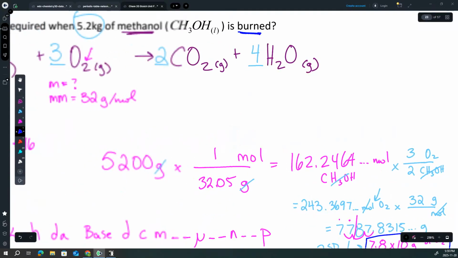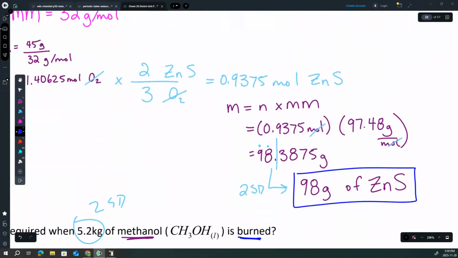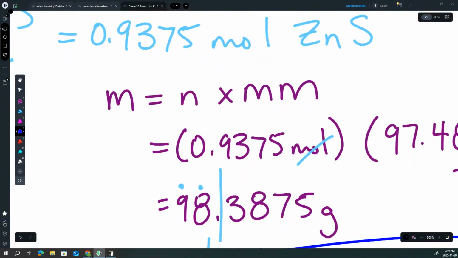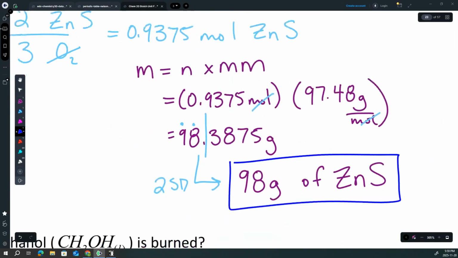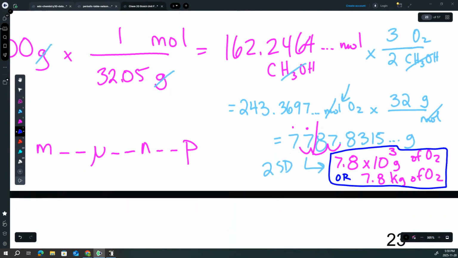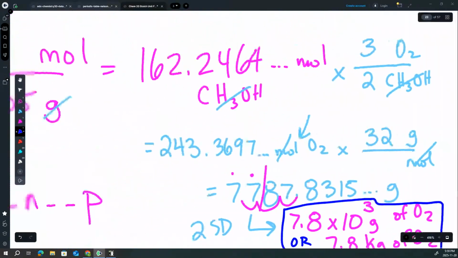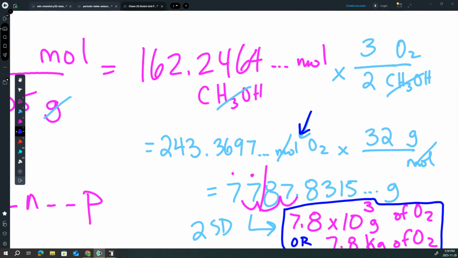And then in the last step, we took the moles of our wanted substance and multiplied it by the molar mass of our wanted substance, which is what we did here.